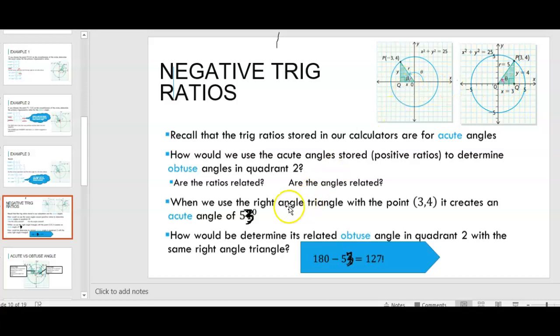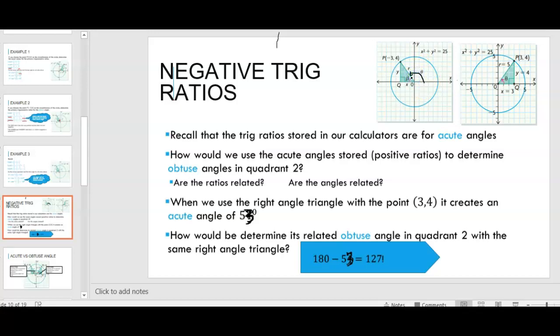Whatever acute angle the calculator gives us, we're going to subtract that from 180 to find the angle theta on the second quadrant.